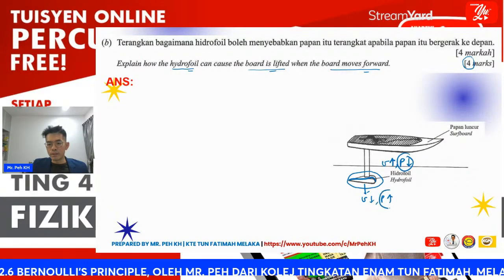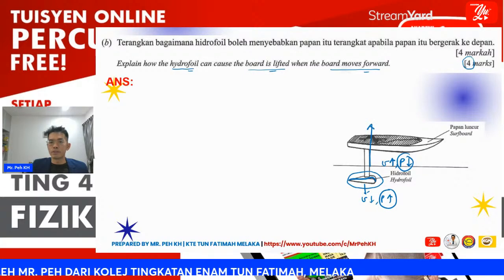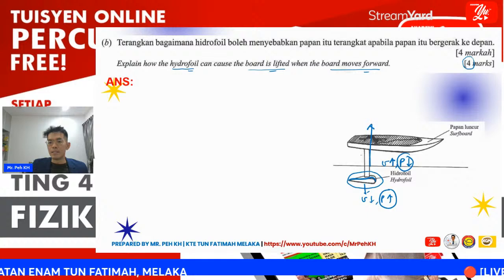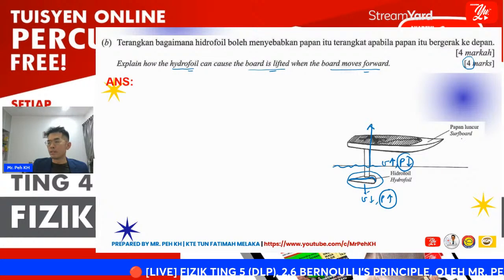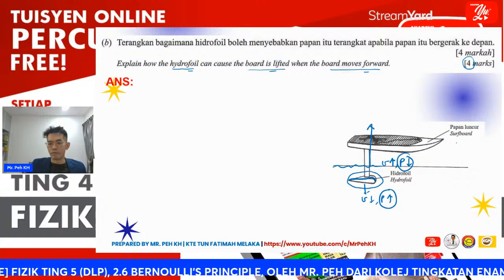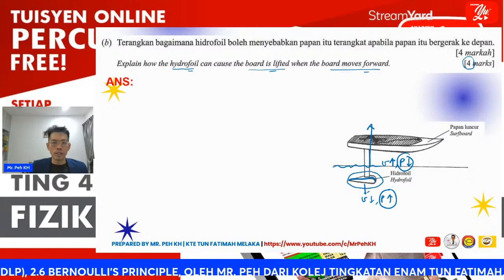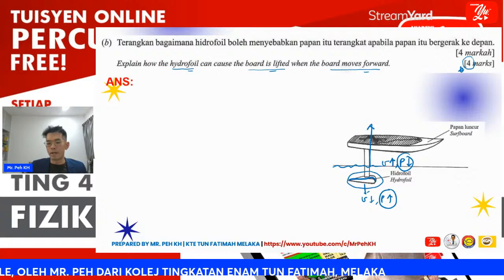So the difference in pressure will produce a lift force and cause the surfboard to leave the surface of the water, and the friction of water against the surface of the surfboard will decrease, and the surfboard may move with higher speed. Here you need to give a minimum of 4 points, since this is 4 marks.